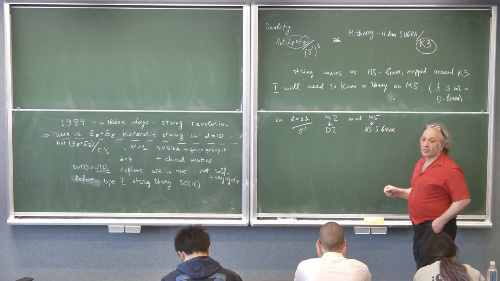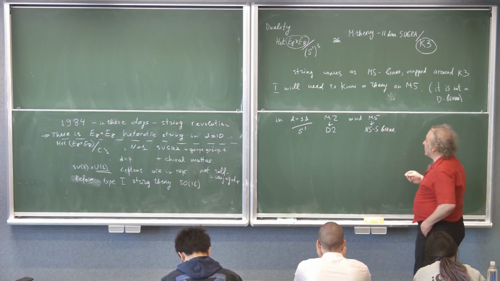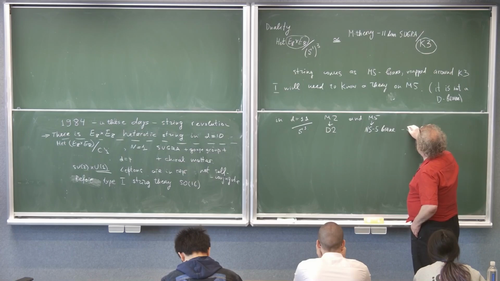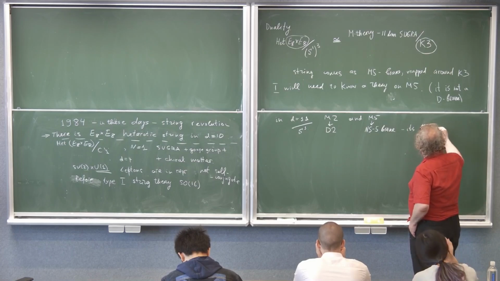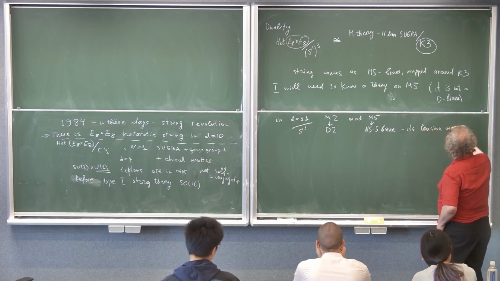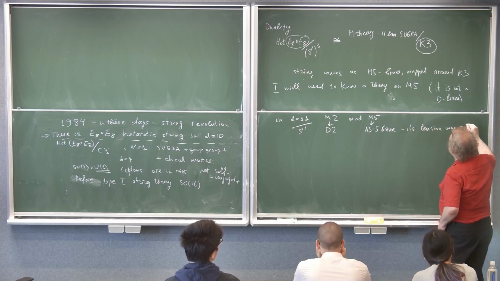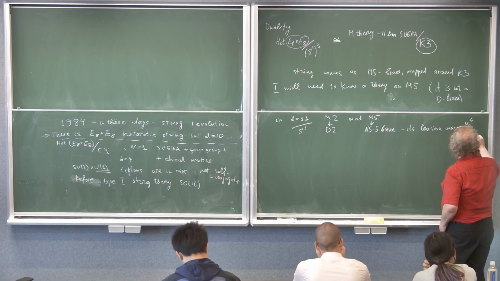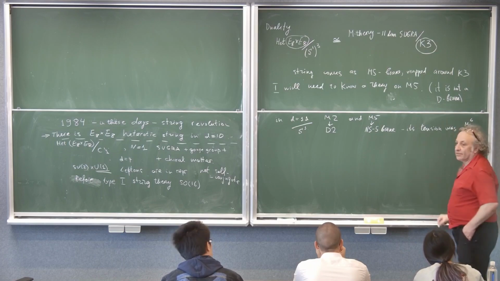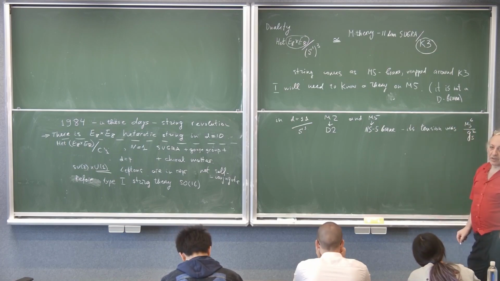So we were able to compute its tension. It was M_string to the 6 over g_string squared. So it's another confirmation that it is not a D-brane.